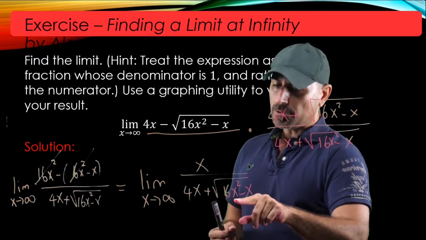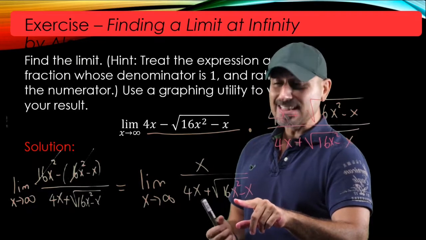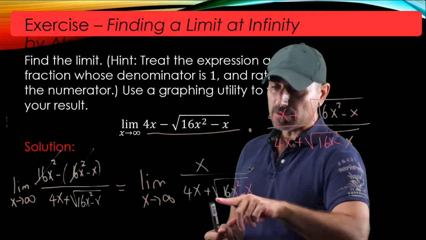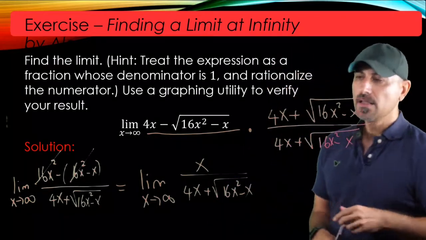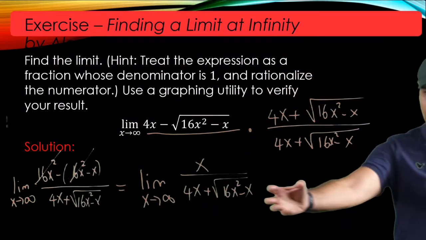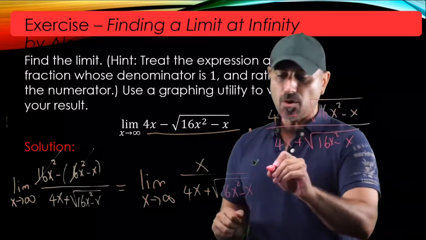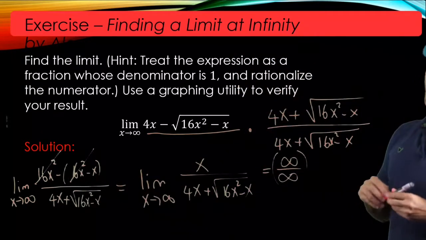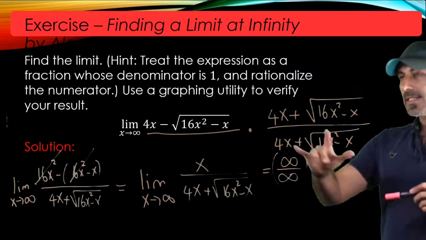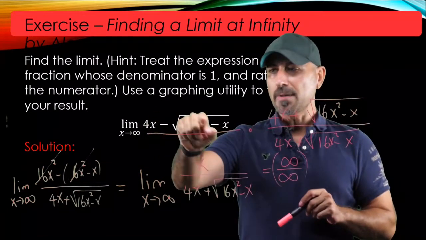The leading term here, or the highest degree term, is 16x squared. So this is acting like infinity squared, but under the radical sign. So that's going to be almost like infinity plus infinity. So this is almost like infinity over infinity. This is another indeterminate form.